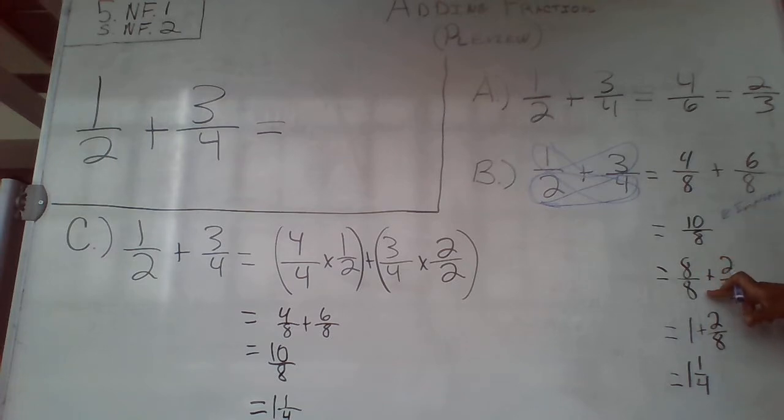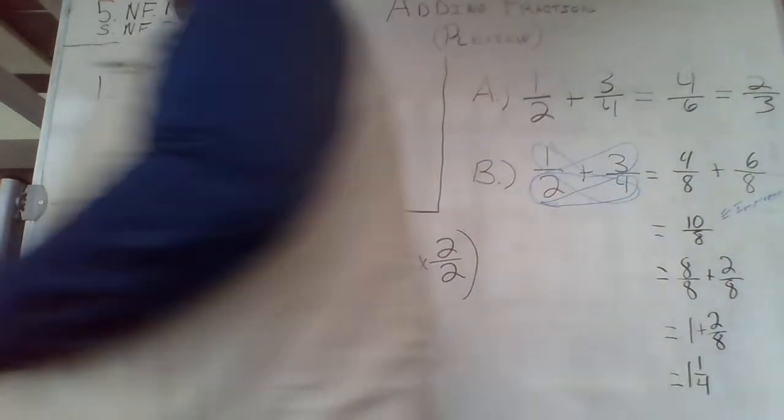And 8/8 will give us 1, isolating the 1. And then we have 8/8 plus 2/8, or simplified as 1 plus 2/8. Further simplified as 1 1/4. So that's B. If you chose B, you chose to do the butterfly method as your strategy.